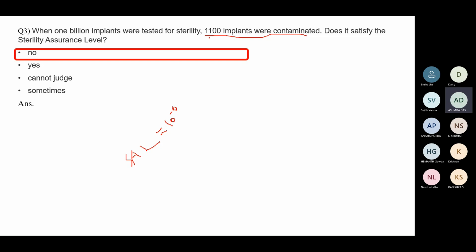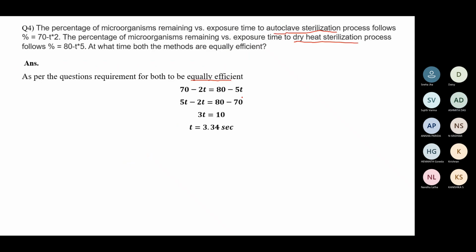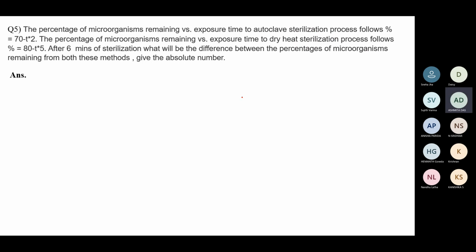Is it clear to all? Yes. So SAL is basically 10 to the power minus 6, which means 1 in 1 billion. So now moving to the next question. This one is clear to all, this question? Yes. Now moving to the next question.